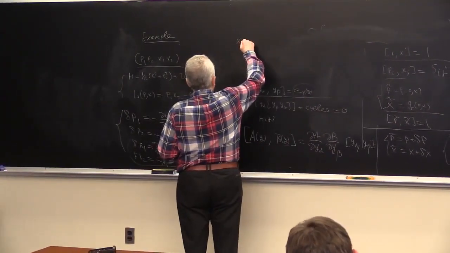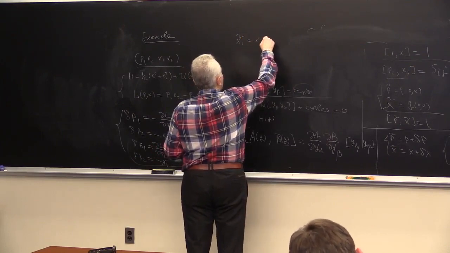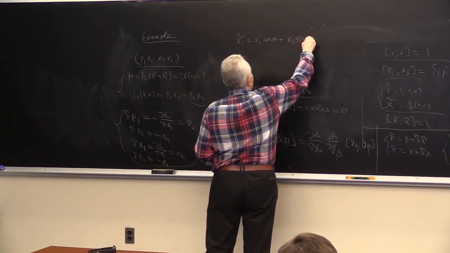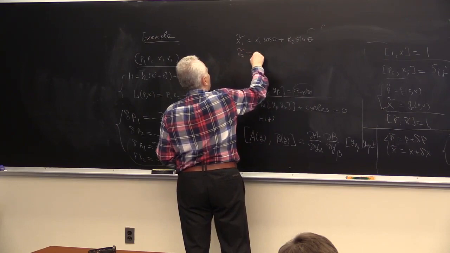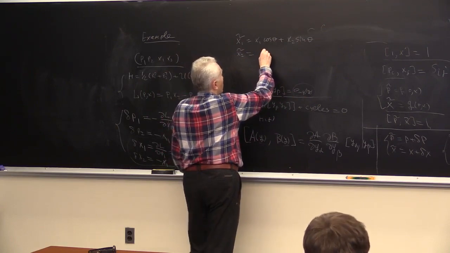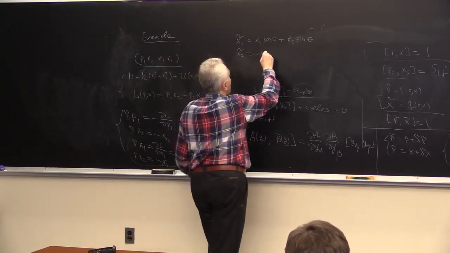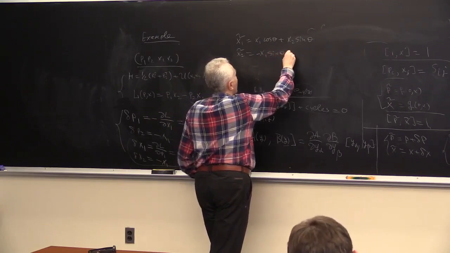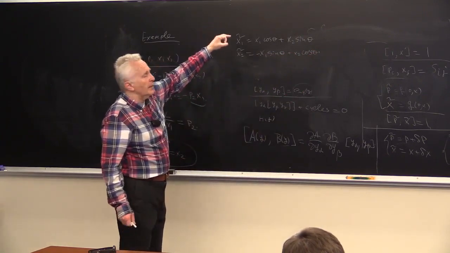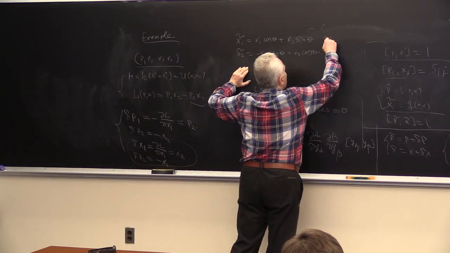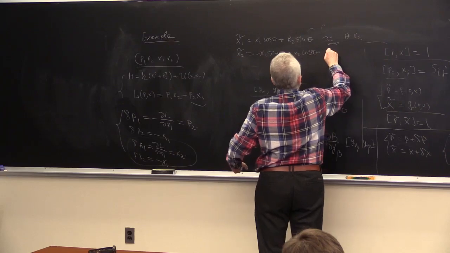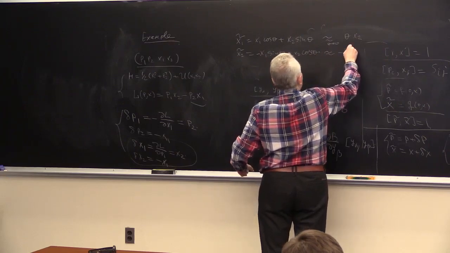Remember the formula for the finite rotation in two dimensions, x1 cosine. X2 will be... now we take the infinitesimal limit. As theta goes to 0, you get theta x2, you get minus theta x1.